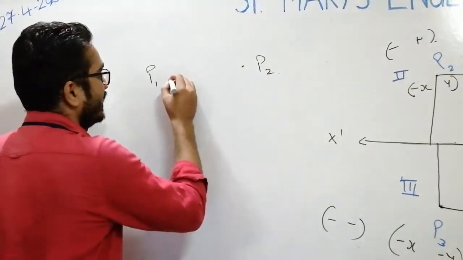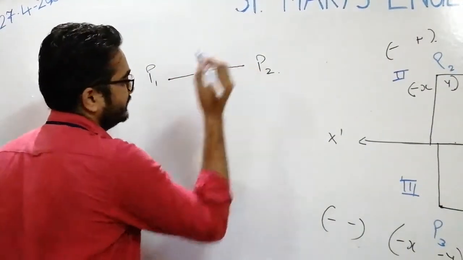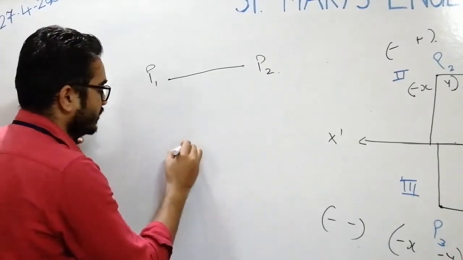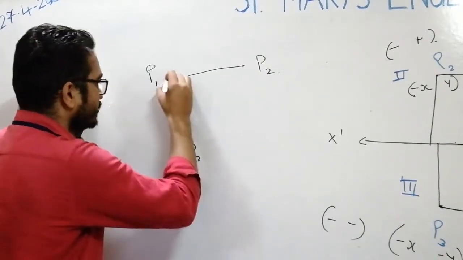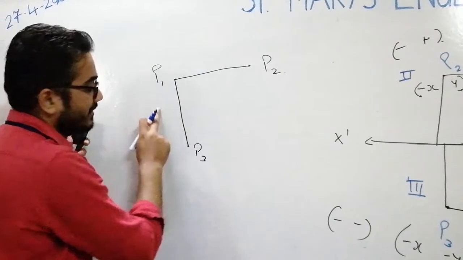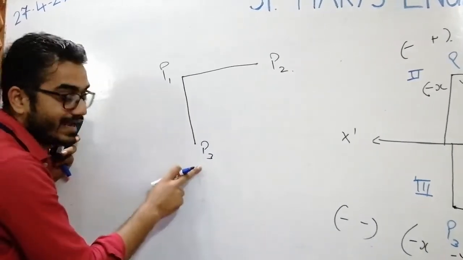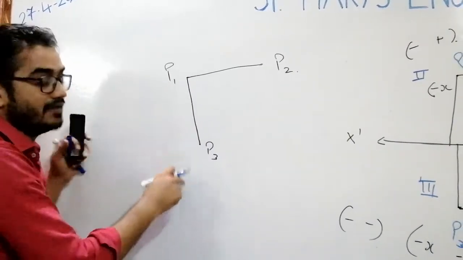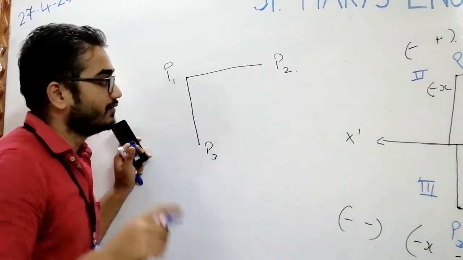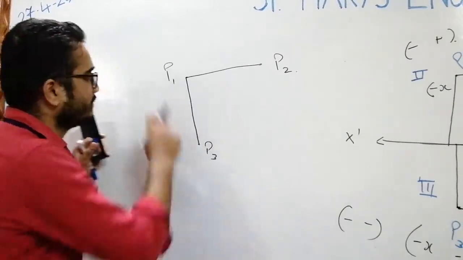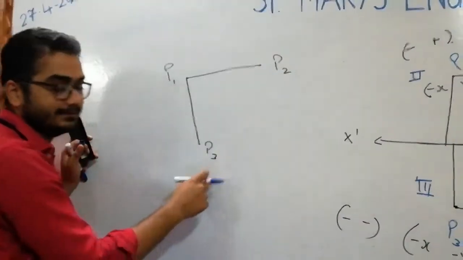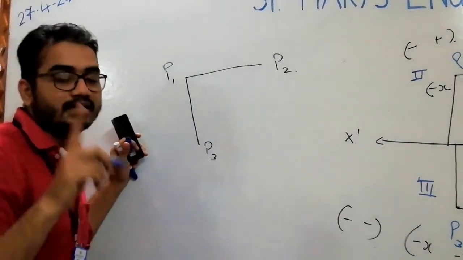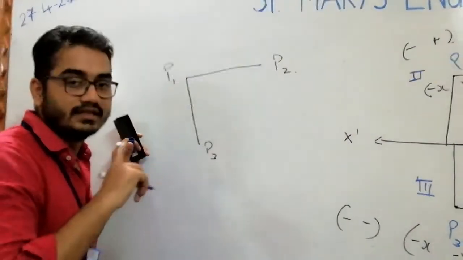What I mean to say is, I can draw like this. If I have another point over here, suppose that is P3, I can draw it like this if I want to draw the line between P1 and P3. Now if I want to consider all 3 points P1, P2 and P3, it is not necessary that they are always on the same line.